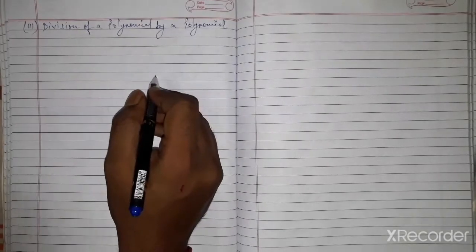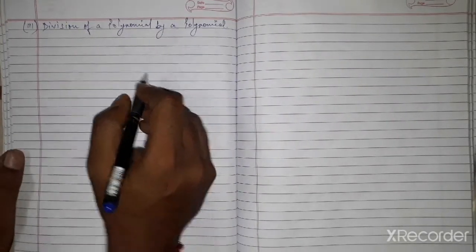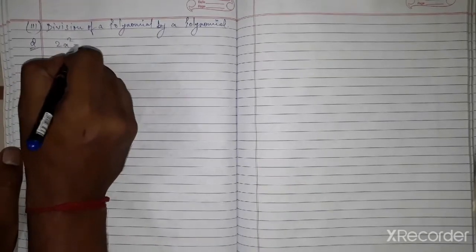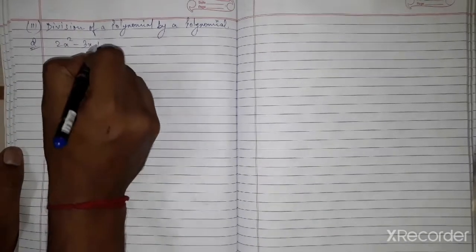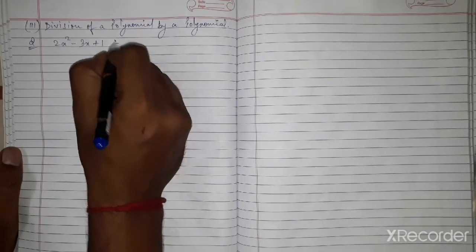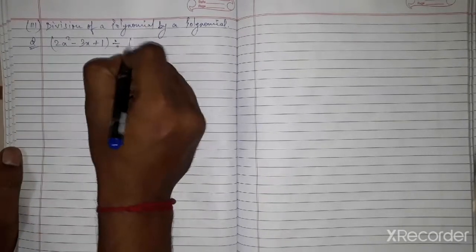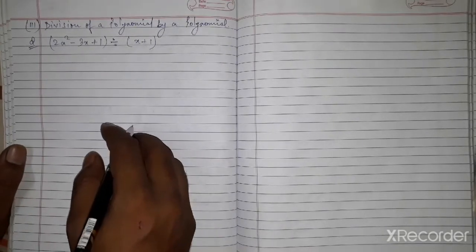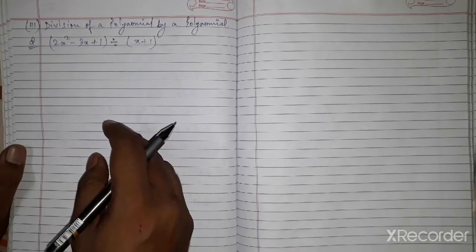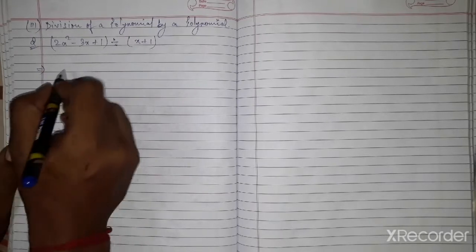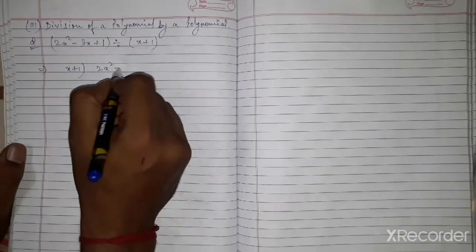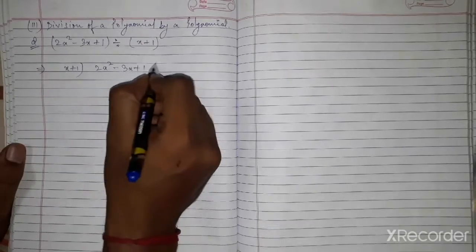So let's take one example also. 2x square minus 3x plus 1 divided by x plus 1. So for dividing a polynomial by a polynomial, we will write it this way: x plus 1 outside, and 2x square minus 3x plus 1 inside.